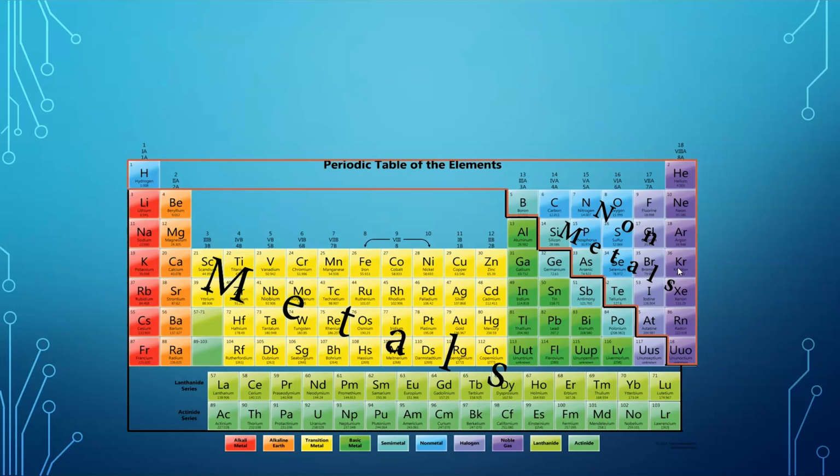Our compounds, if you look at the formulas of each of the ionic compounds that we've looked at so far, they all have one thing in common. Every one of them has a metal and a nonmetal. So there's always an element from the left of the staircase and one from the right. That is normal for ionic compounds.